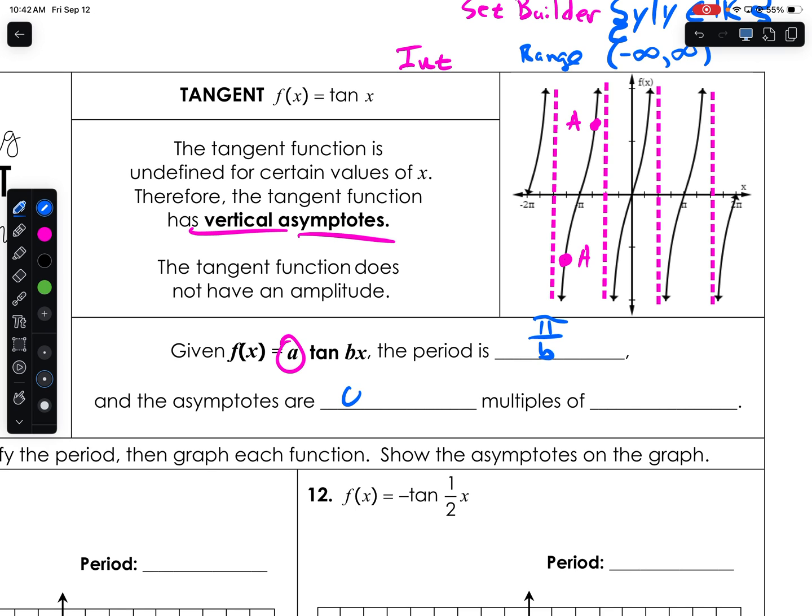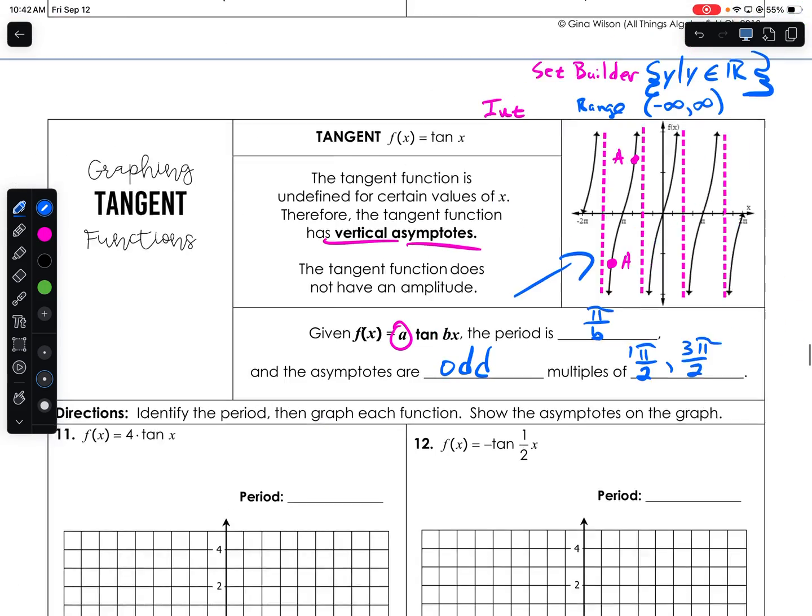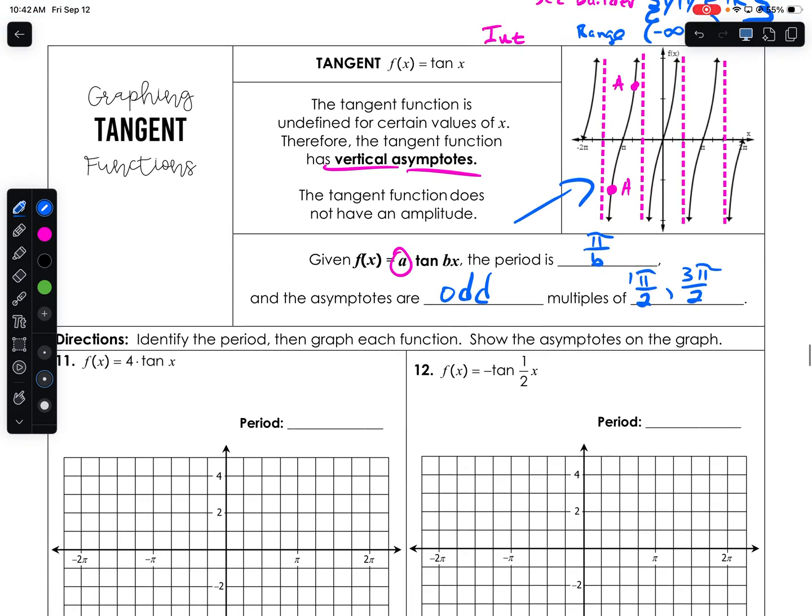The asymptotes are odd multiples. On this graph right up here, they're odd multiples of pi over 2. So odd multiples, this would be like 1 pi over 2. The next one would be 3 pi over 2. I don't know how helpful that is. We'll talk more about it when we graph these. But you can write that down. It might help someone.